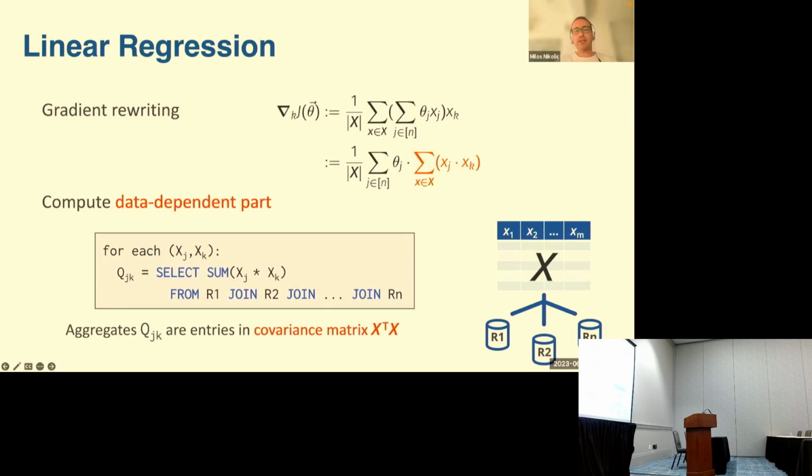And the aggregates that we compute in this way represent the entries of a covariance matrix. And this covariance matrix essentially represents the matrix product between X transpose and X, where X is the training data set or the joined result in our case. And the size of this covariance matrix will essentially depend on the number of features we used in training the model.